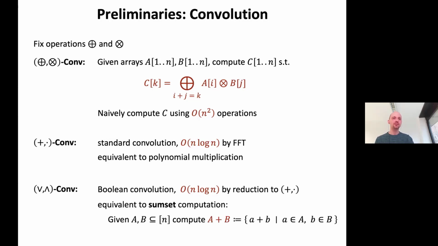This one is equivalent to sumset computation. A sumset is the following: you have two sets of integers and you compute the set of all pairwise sums, a plus b, where a comes from the first set and b comes from the second set. This is the same as Boolean convolution: if you look at the indicator vectors of a and b, the indicator vector of their sumset is the Boolean convolution of the indicator vectors of a and b. Right, so these are easy convolution problems. There are also some hard ones that we will encounter later.